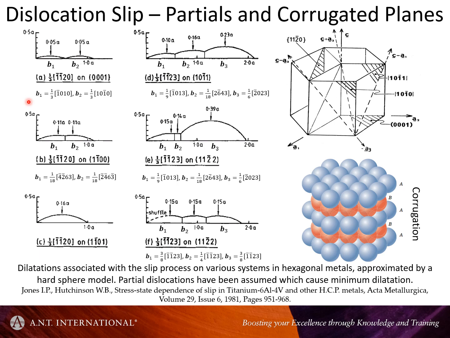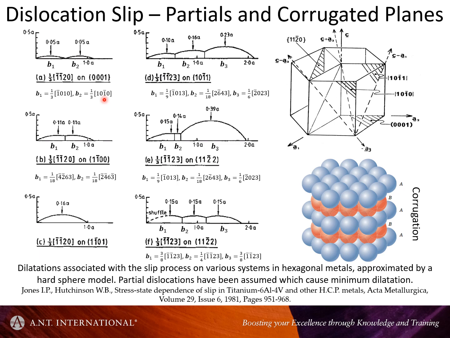And what you get is slip occurring by a dual glide process, which involves two partials, and I'll demonstrate that. If you watch the videos, you'll see what I mean by that.